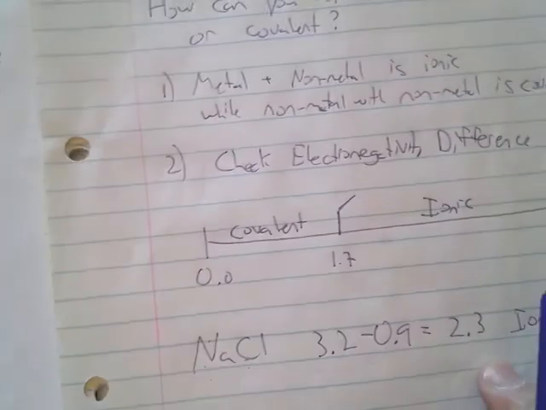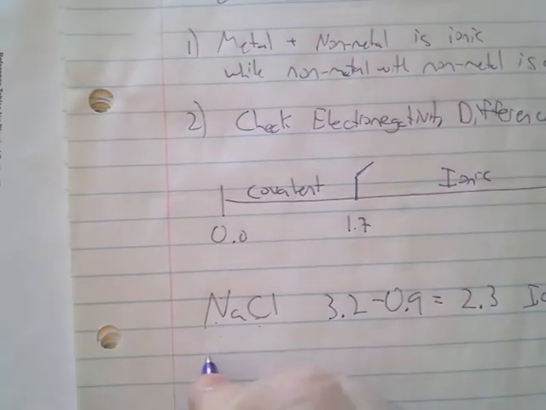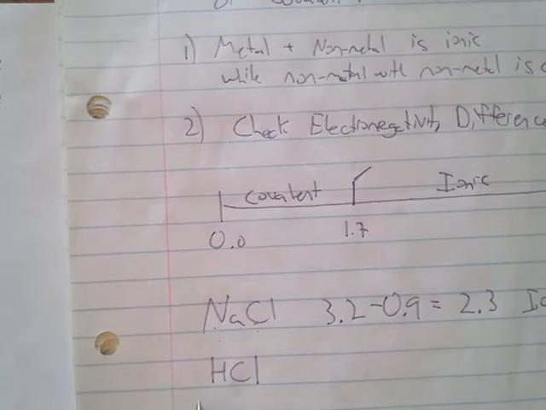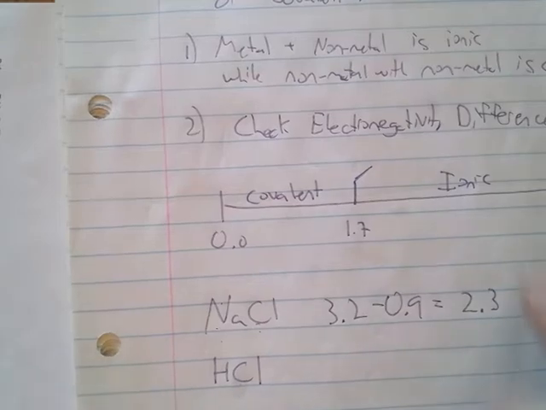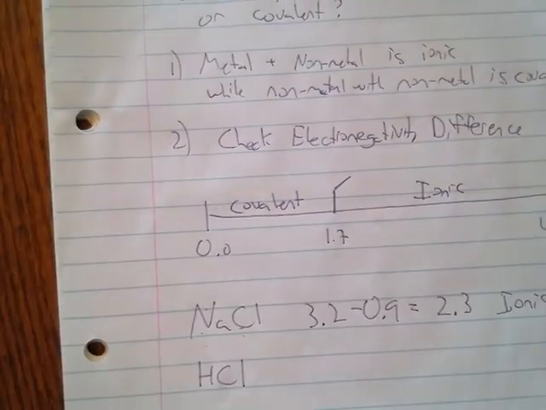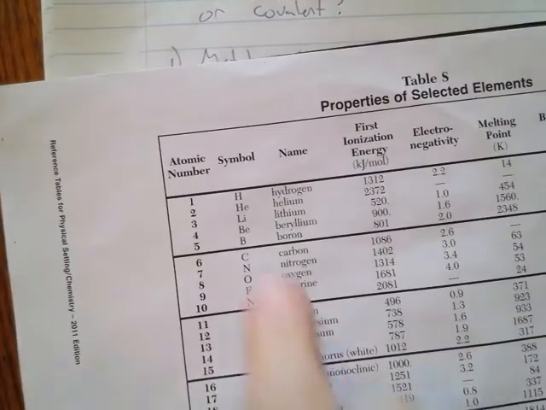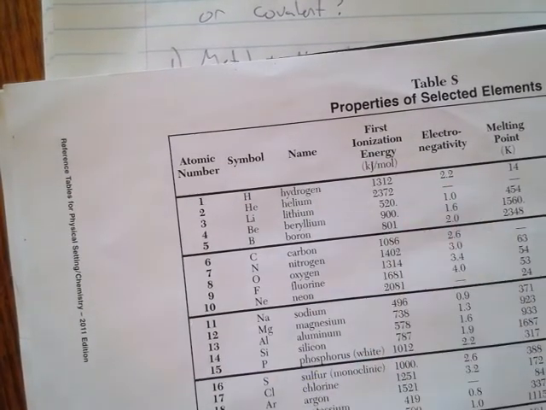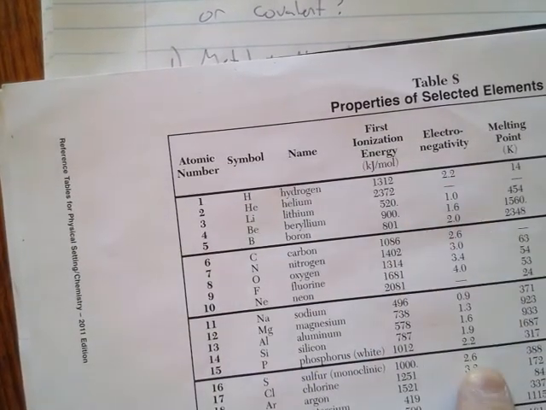Now let's find one that is covalent. Let's say I'm looking at not NaCl, but HCl. I already know HCl is covalent because it's two nonmetals, but let's confirm it with this little chart. Hydrogen has an electronegativity of 2.2, and we already know chlorine has an electronegativity of 3.2.